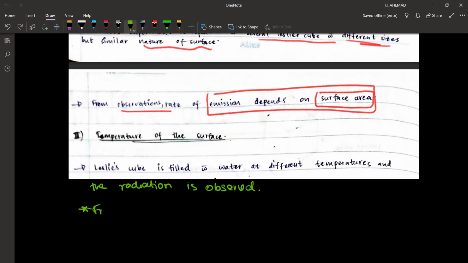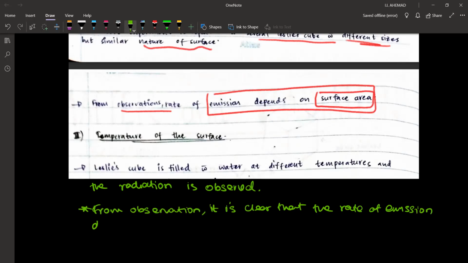From observation, it is clear that the rate of emission depends on temperature.